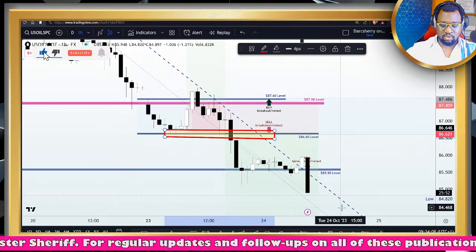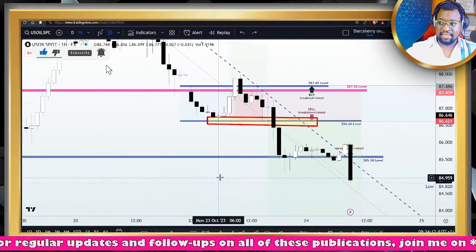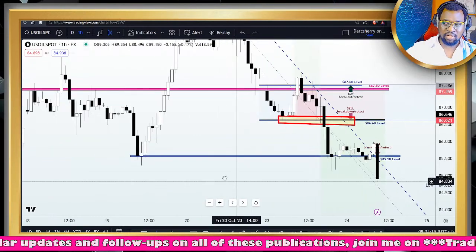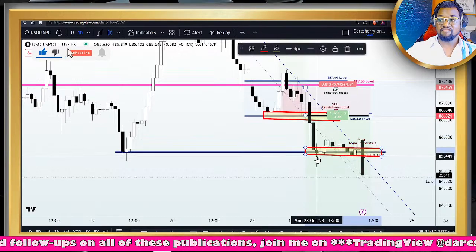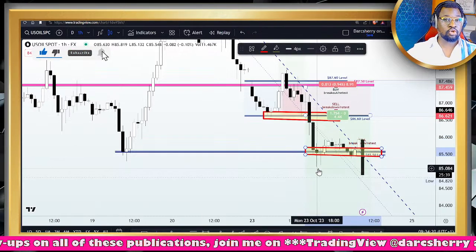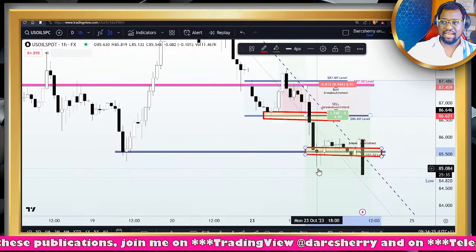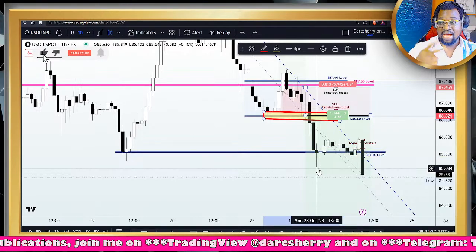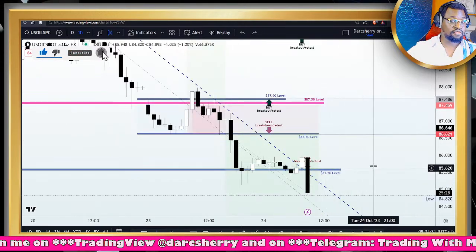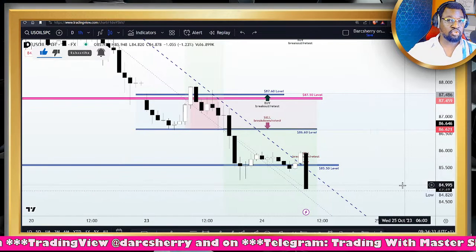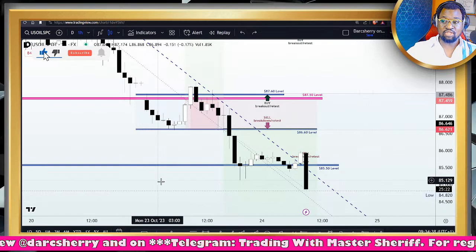Now, remember that we also identified a support level at the $85.50 area, where we said if price breaks down that structure, we will be adding more position to our existing trade. And as you will see right now, we already have 2 positions running at this point in time. And for those of us who took advantage of these opportunities, well done to you for being on standby to capitalize on this move.